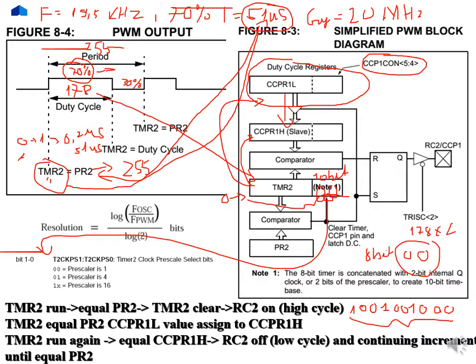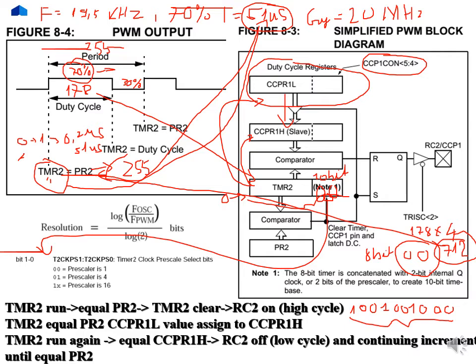Actually, this number will be 178 multiplied by 4, so it will become 712.